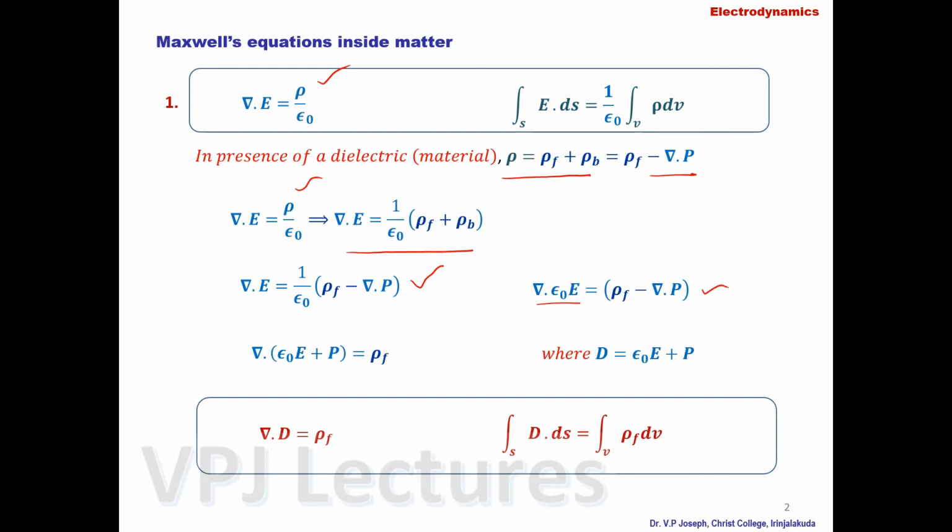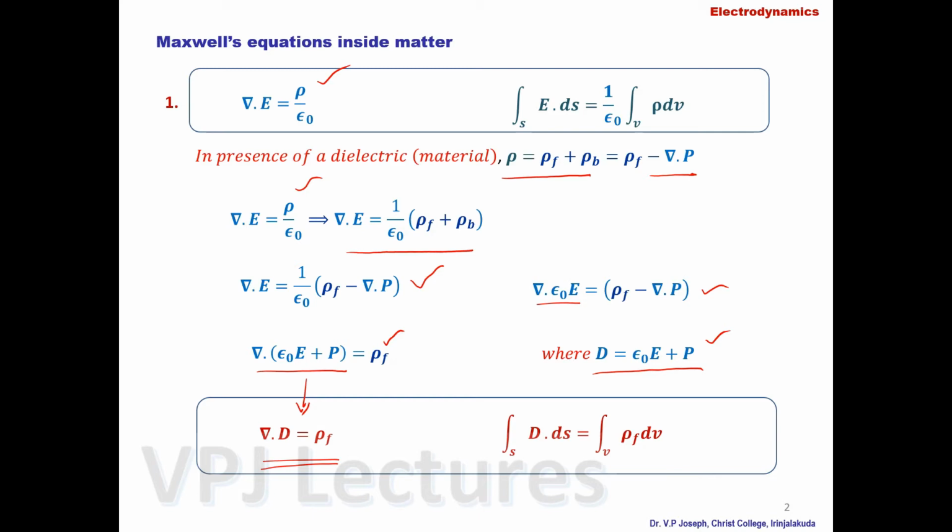Now take this del dot p term also to the left side, so that the left hand side becomes del dot of epsilon 0 E plus p, equal to the free charge rho f. And we are defining epsilon 0 E plus p, we know that it is nothing but the electric flux density vector D. D is equal to epsilon 0 E plus p. So this equation changes to del dot D is equal to rho f.